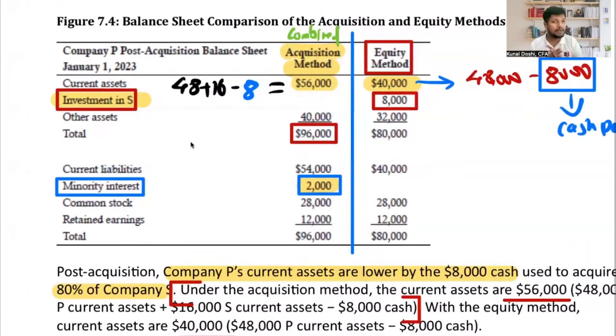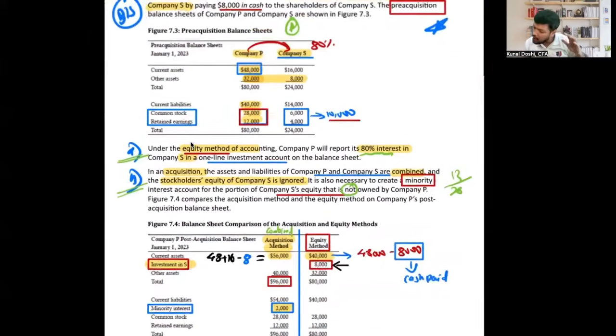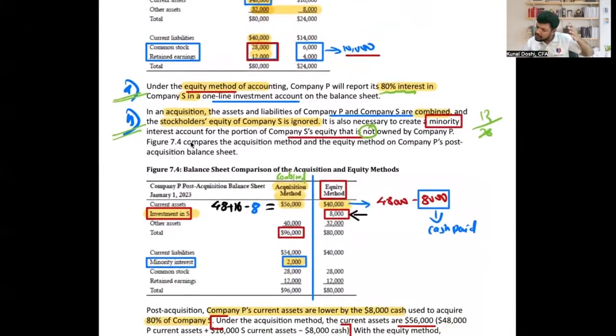No. In the equity method, we keep all the information about the acquiring company, and only the amount that you paid to the target company is shown as a separate line item, the investment in the target company. So only one thing is different in equity, which is that the investment account is adjusted, and of course the cash that you paid is adjusted from the current assets. Otherwise, you will see all the information about the acquiring company only. Are you with me, everyone?